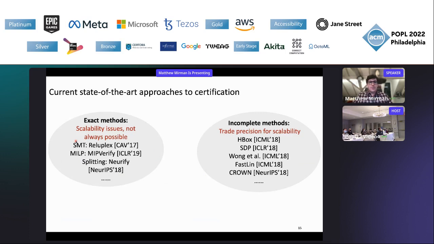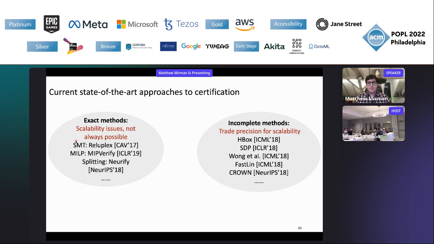The state-of-the-art approaches to certification can be broken down into two main approaches: the exact methods and the incomplete methods. Exact methods aim to always output an answer, which is nice if you need a counterexample or an answer all of the time, but because often they end up resorting to enumeration of something, there are scalability issues, and this isn't always possible.